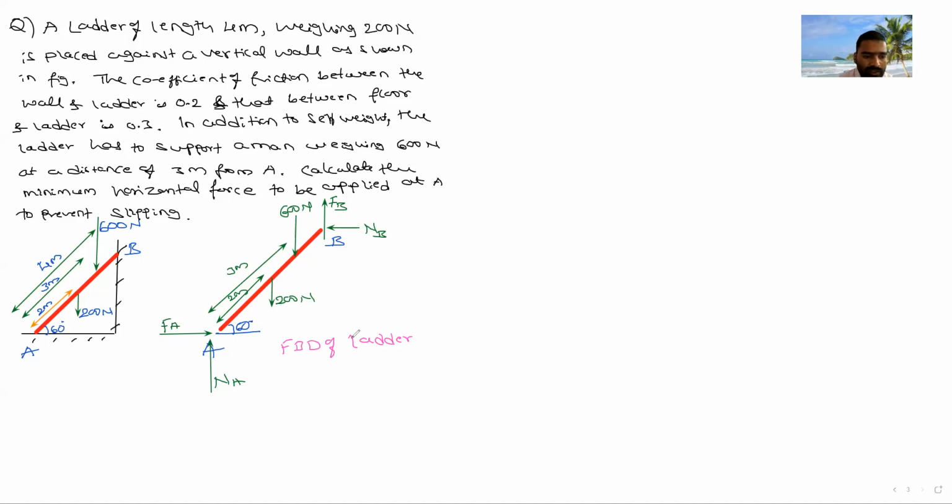Because of the man's weight and the self weight of the ladder, the ladder tends to move downward. So we have to apply a force P in such a way that the ladder should not fall down. I will apply P in this direction.